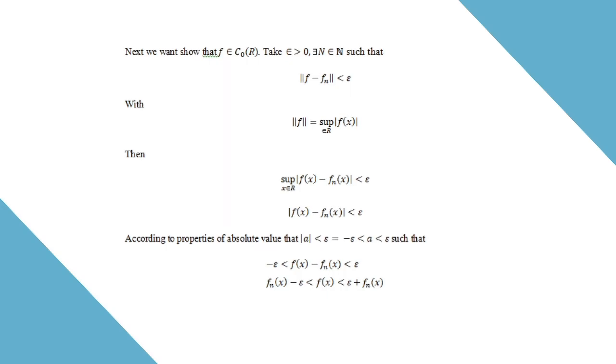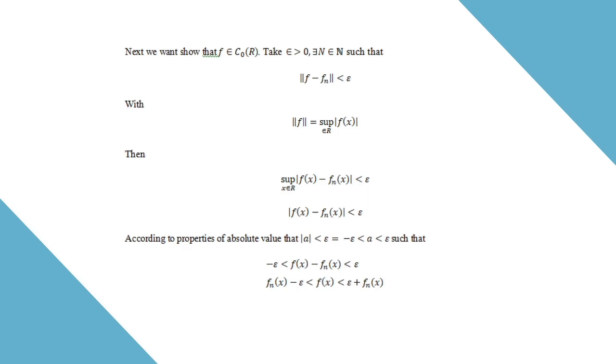Okay, next we want to show that f is an element of C_0(R). First take a positive epsilon. There is an element N such that this holds with the norm of f being the supremum of the absolute value of f(x). Then we get the supremum of the absolute value of f(x) minus f_n(x) is less than epsilon, or the absolute value of f(x) minus f_n(x) is less than or equal to epsilon.